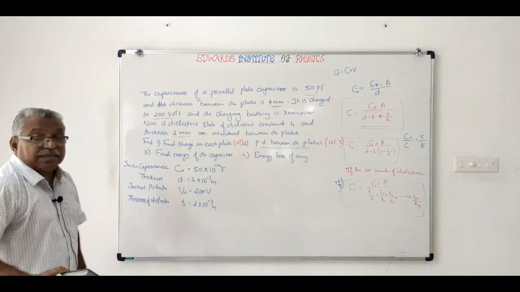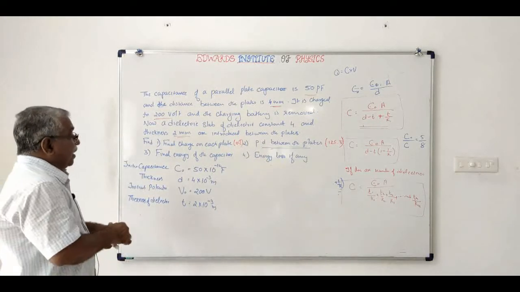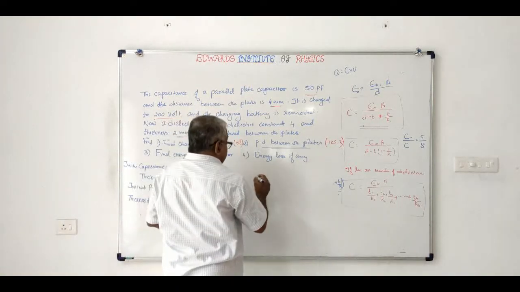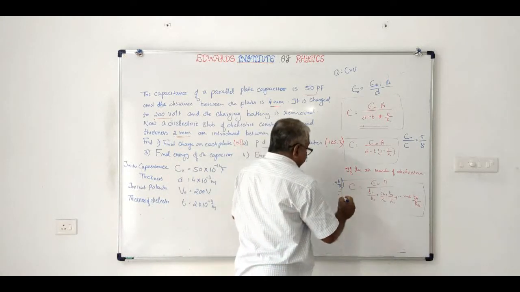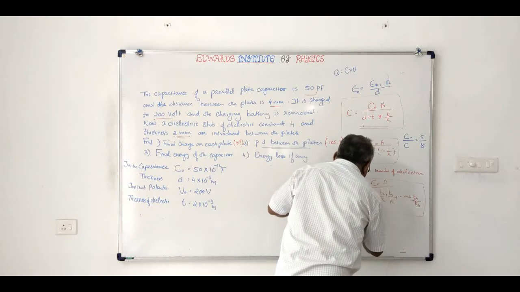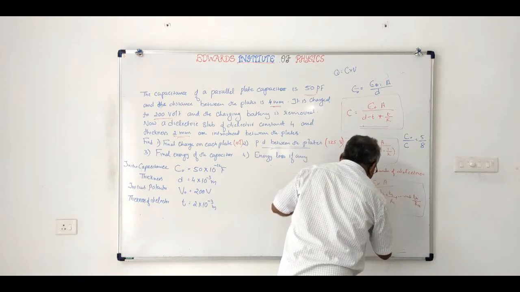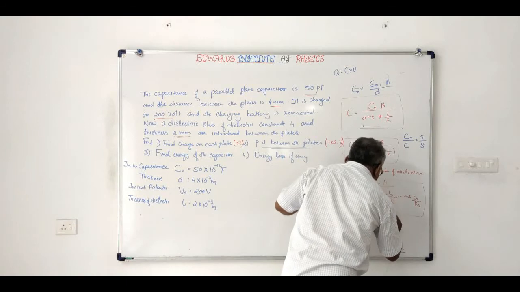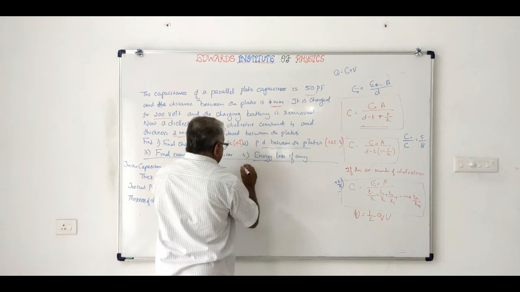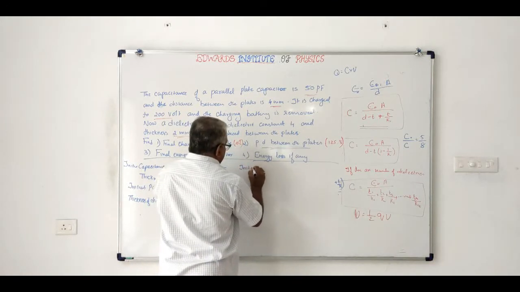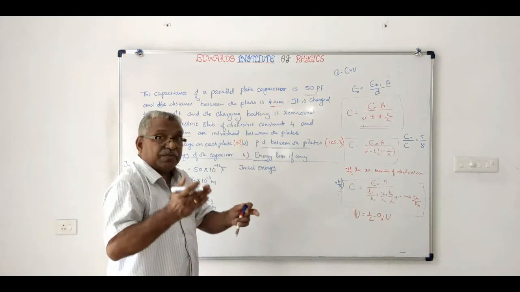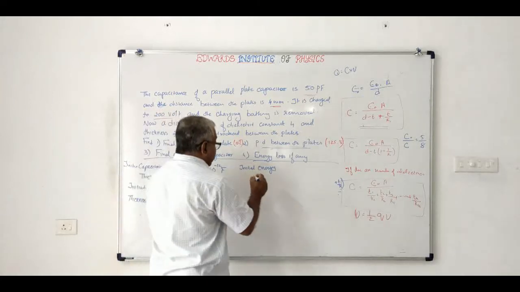Now let us see what is the energy stored in the capacitor. We have the formula: energy U is equal to half QV. U0, the initial energy, is the energy of the capacitor before we introduce a dielectric.